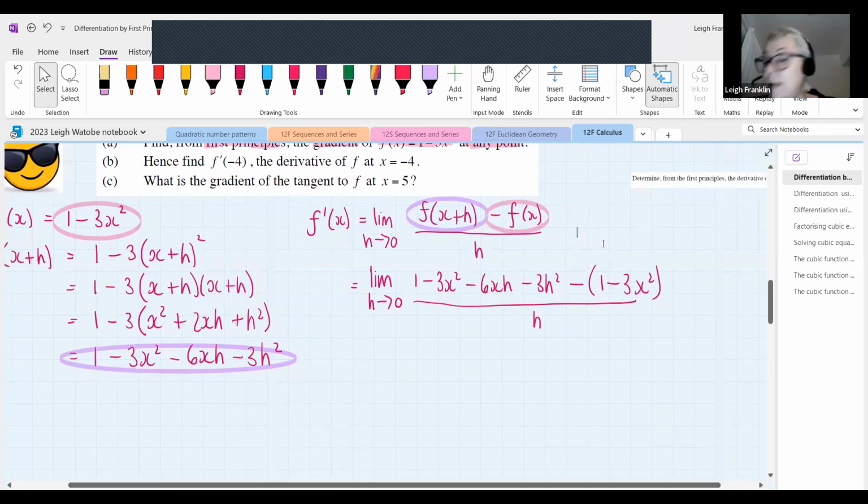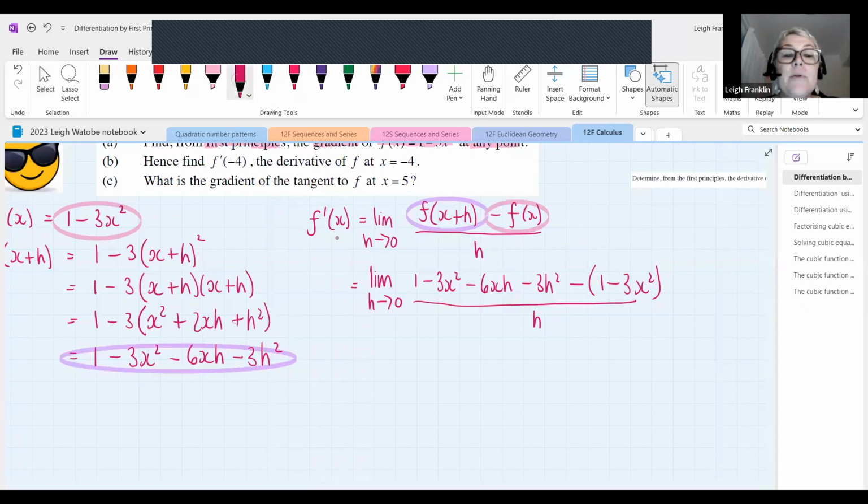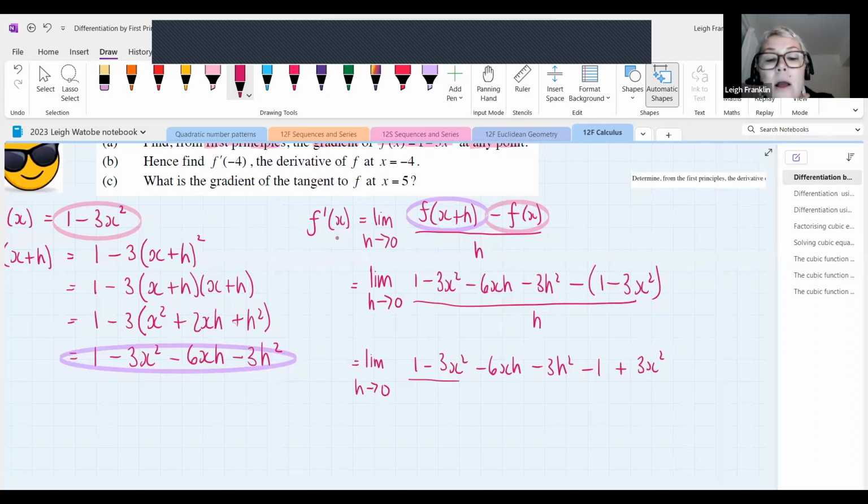So that is not allowed. What I'm going to do now is remove my brackets and keep my limit notation. So equals my limit as h tends to 0, 1 minus 3x squared minus 6xh minus 3h squared minus 1 plus 3x squared, and all of that is over h.